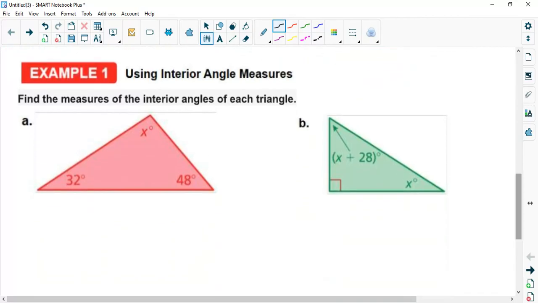Example 1, using interior angle measures. Find the measures of the interior angles of each triangle. In the first picture, A, I notice we have an angle missing, angle x.